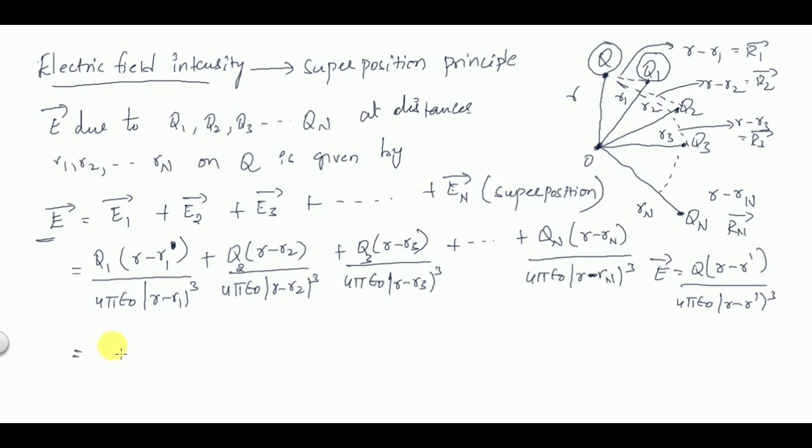If you write this in the form of a summation, i equal to 1 to n, you can take 1 by 4 pi epsilon naught out of the summation as a constant. So E bar equals 1 by 4 pi epsilon naught, summation i equal to 1 to n, Qi into R minus Ri divided by modulus of R minus Ri whole cube.